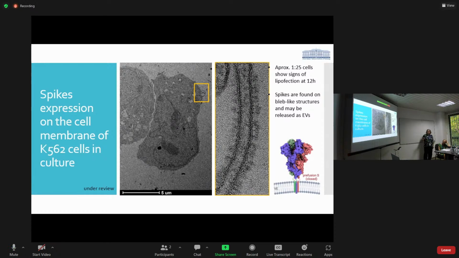We observed after 12 hours that a very few cells exposed on the surface some spike proteins, which in a living body could be exposed to the immune system and trained to generate antibodies. This image is a magnification from this one.